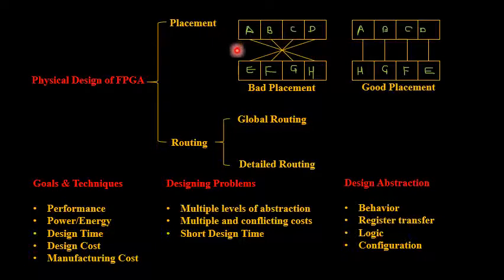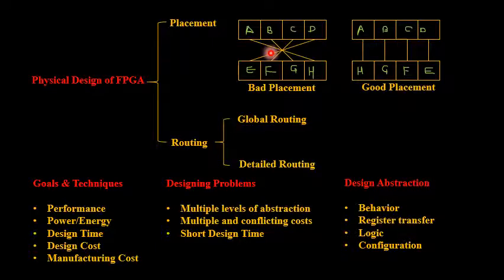So as much as possible, I have to try to reduce the delay of the block. If I am not trying to reduce the delay, the length of the interconnects is increased. Obviously, you will be using wires of metals and all, which is going to yield much heavier cost when compared to the shorter interconnects. So in such conditions, it is going to yield very high cost, very high delay.